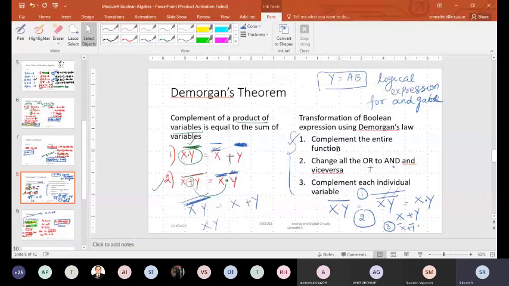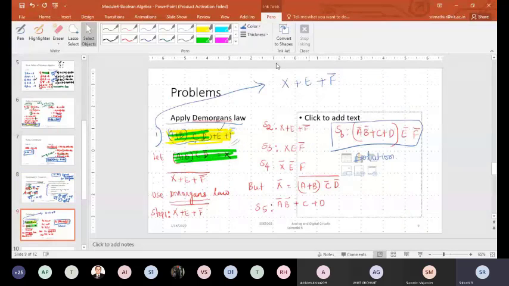This is our function, X plus E plus F bar. So how to complement? X plus E plus F bar the whole bar. That is what I have written. This is step number 1.